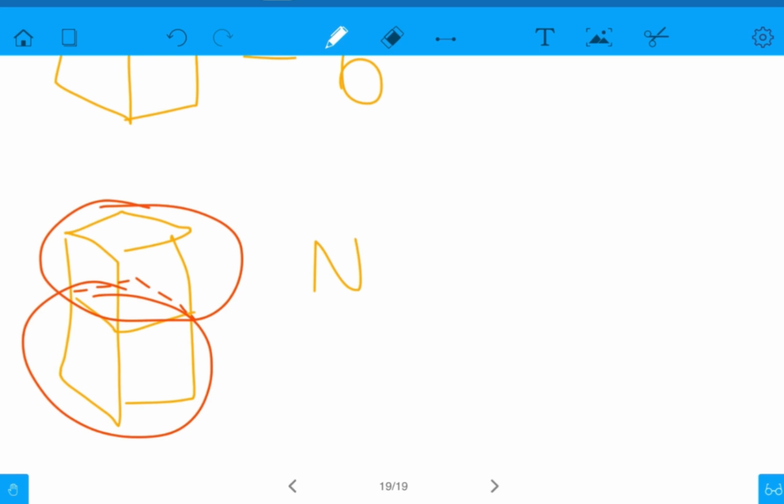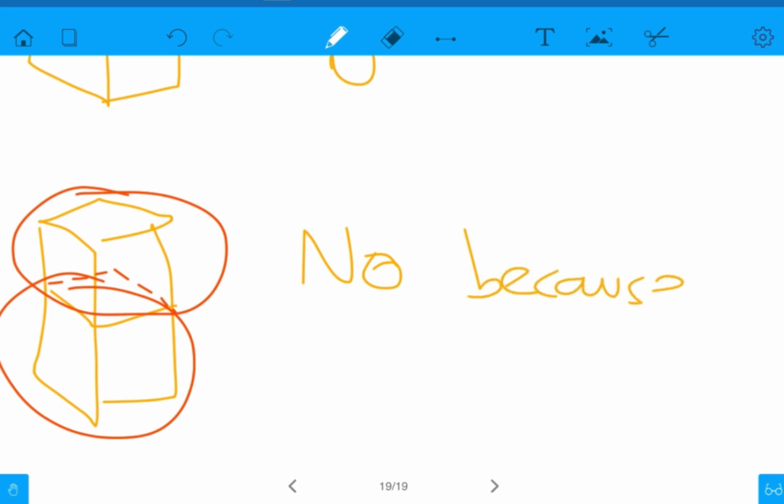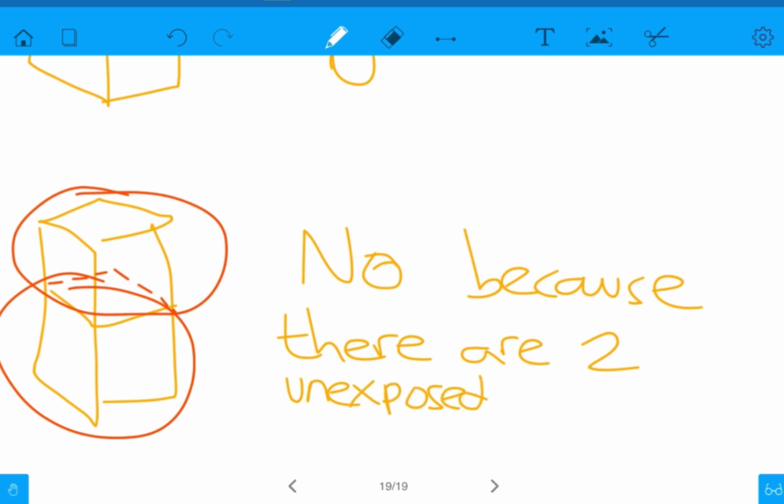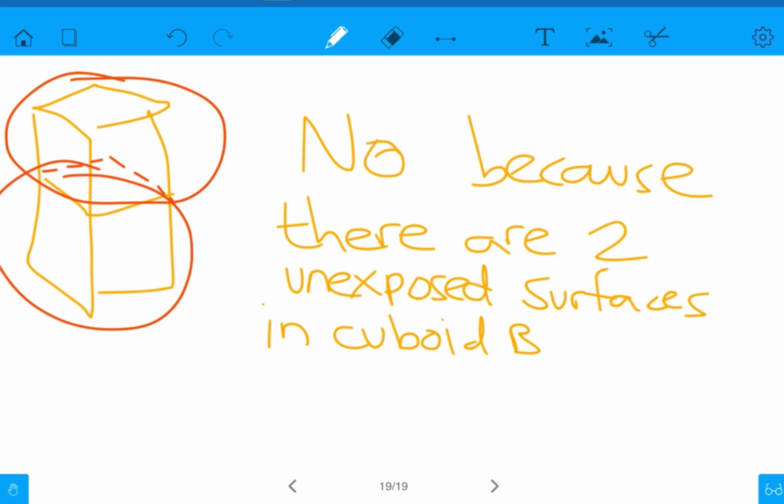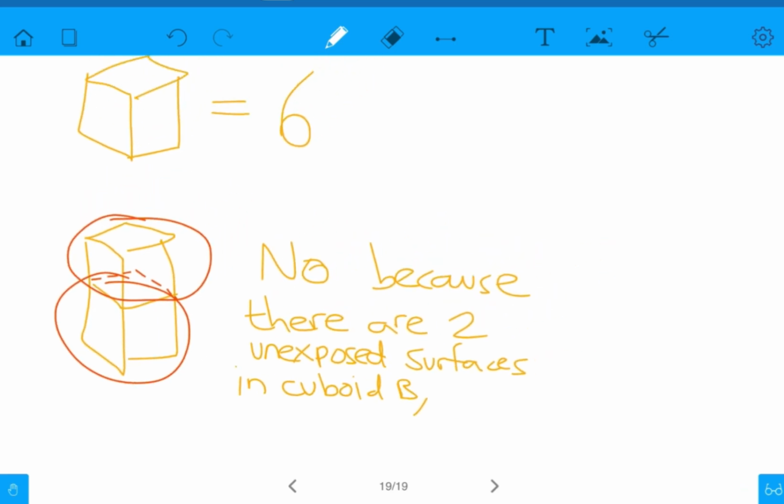So the answer is no, because there are two unexposed surfaces in cuboid B. And we can go ahead and actually work out what the relative surface area of B is.